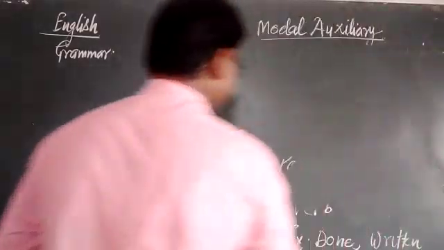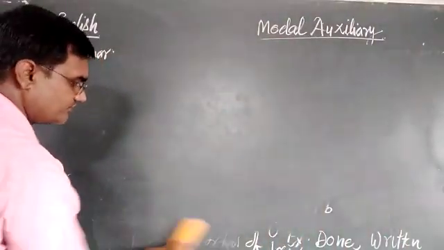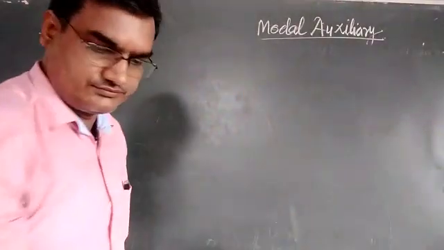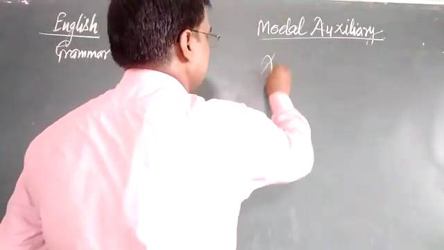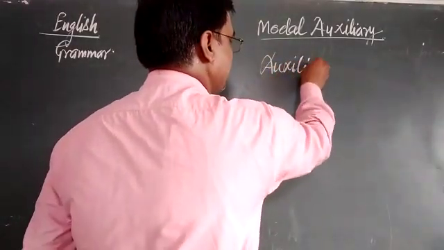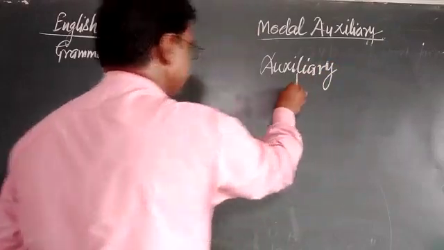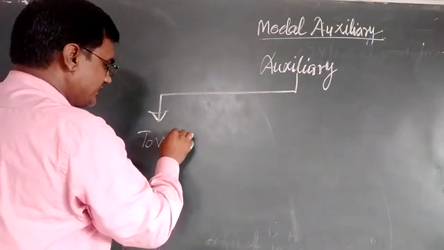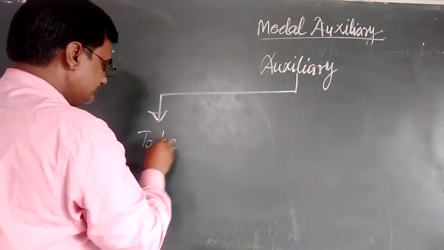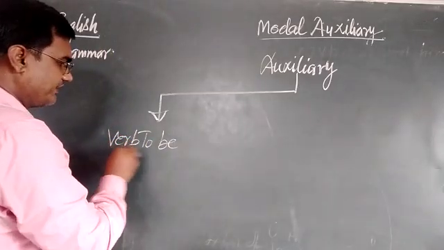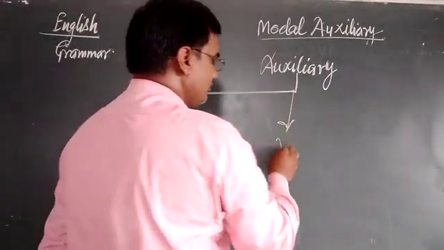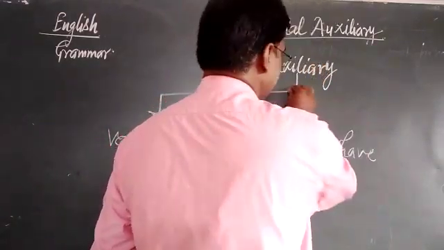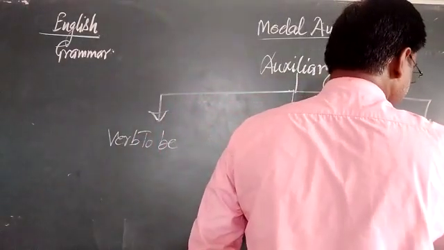Auxiliary means helping verb. So how many types of auxiliary are there? First, the verb to be. You can write here, verb to be. Second, verb to have. And third, verb to do.